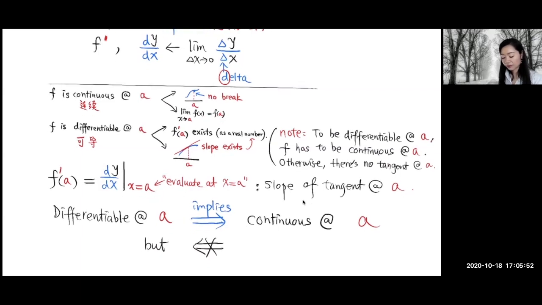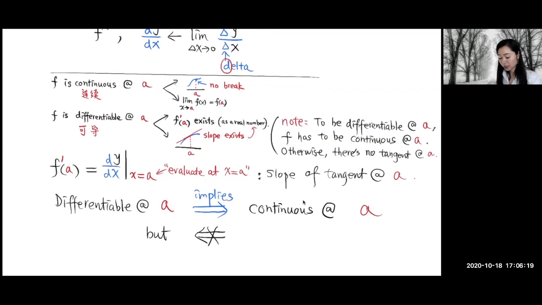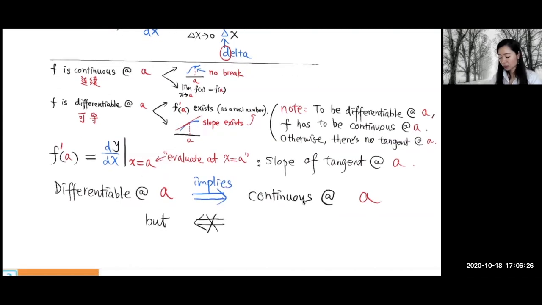Now, what about differentiable? Differentiable at a means the derivative exists at a as a real number. Because the derivative corresponds to the slope, the slope of the tangent line exists. Notice that to be differentiable, the function has to be continuous at a first.